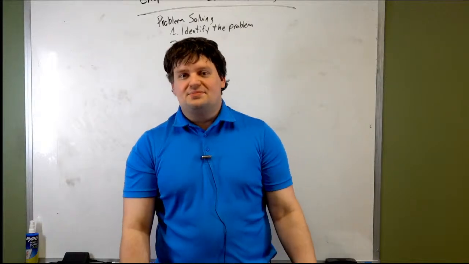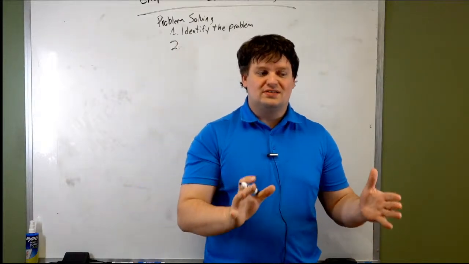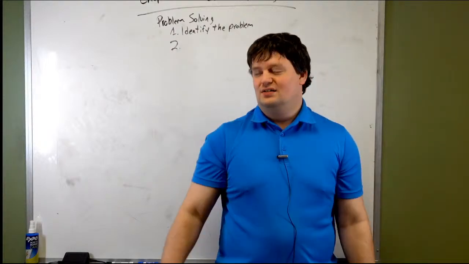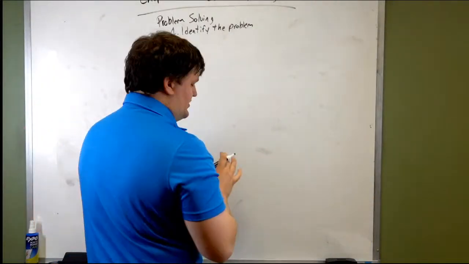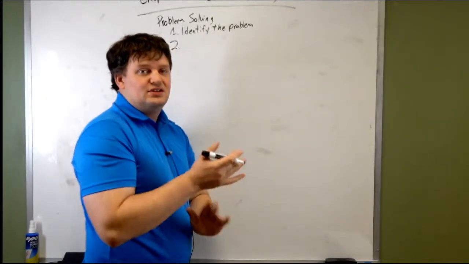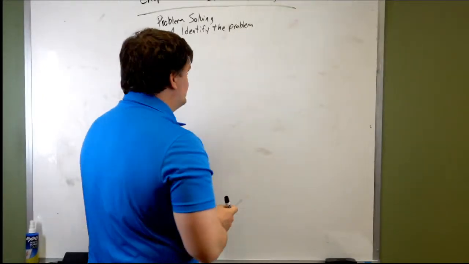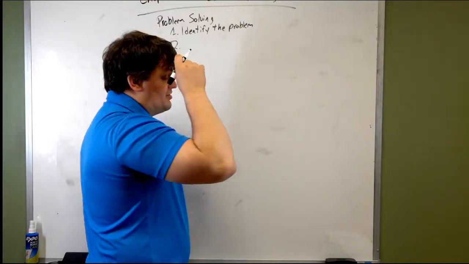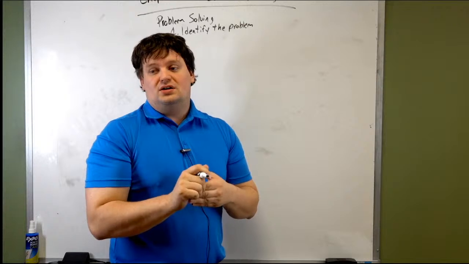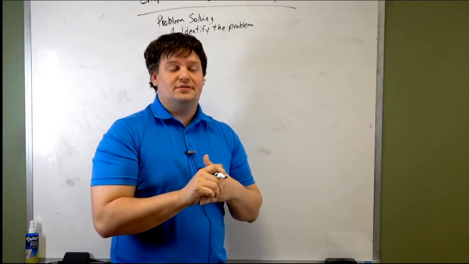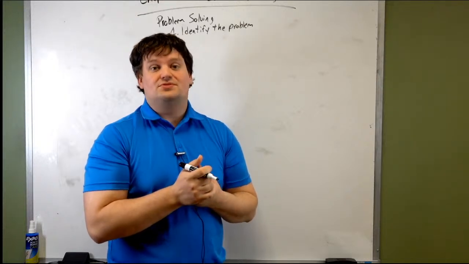I like to use the example of I'm hungry. Final solution is I'm not hungry. But I'm also very, very motivated by food, so maybe I'm a little different. Another example would be: construction is a lot of problem solving.